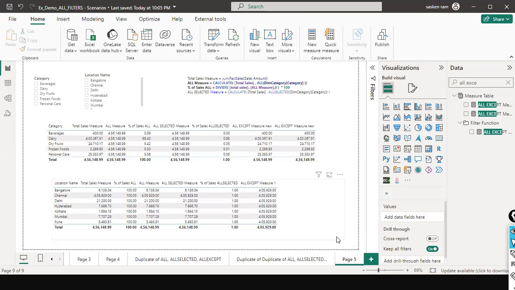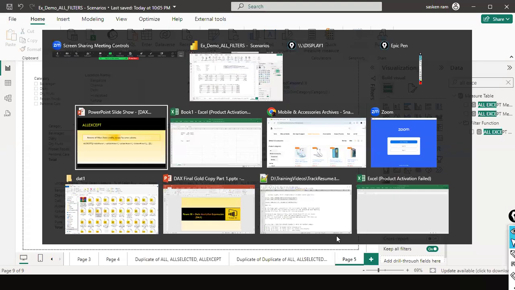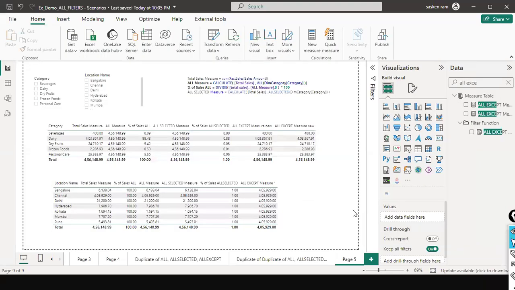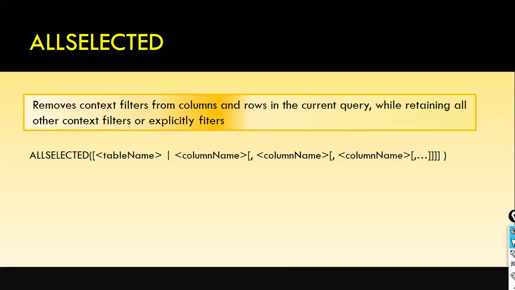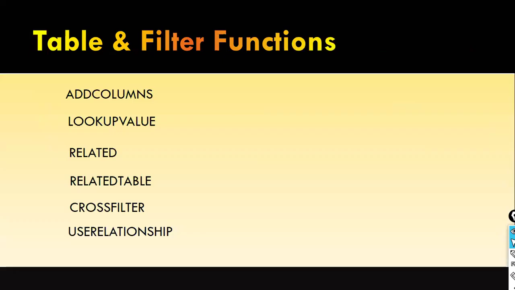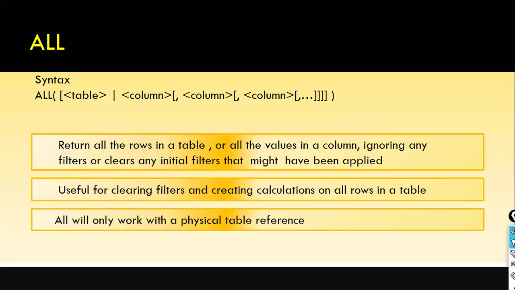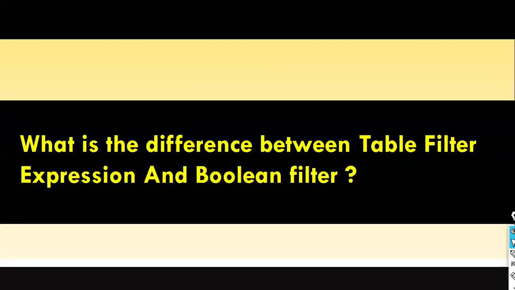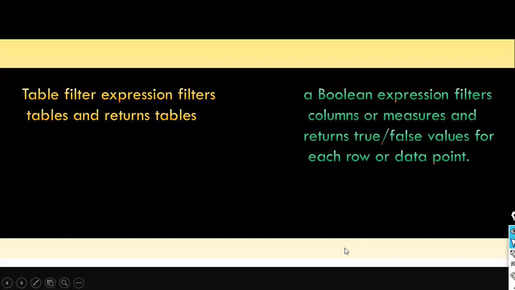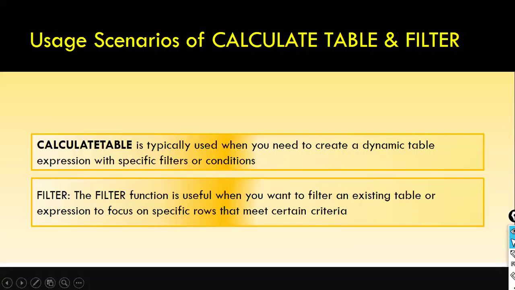So next one is the calculate table. Okay, I just jump into the calculate table because the other things are a little bit confusing. What I will do is I will jump into the calculate table function. So already we discussed about calculate function. We have something else called calculate table function.